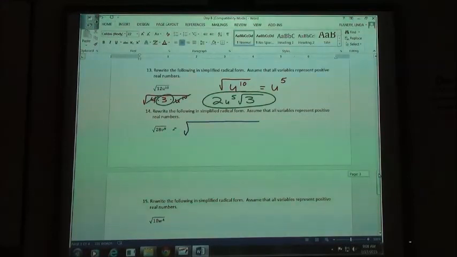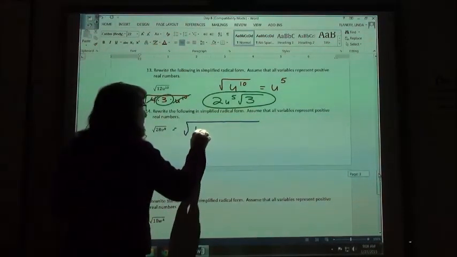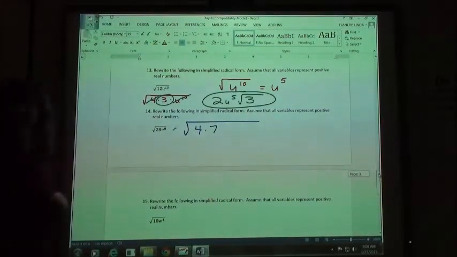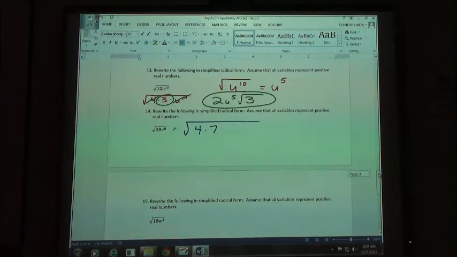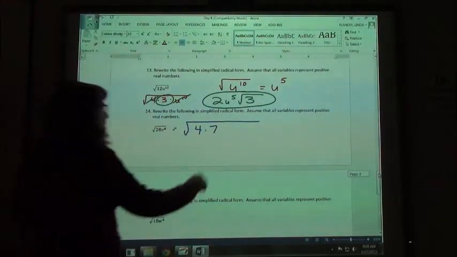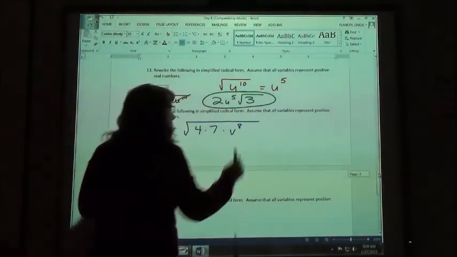I'd say 7, but 7 is not a perfect square. So 4 then. Yes, 4 is what we want to use. The 7 happens to be with the 4 because 4 times 7 is 28, but 4 is our perfect square. So we have 4 times 7, and then we still have times the v to the 8th power.